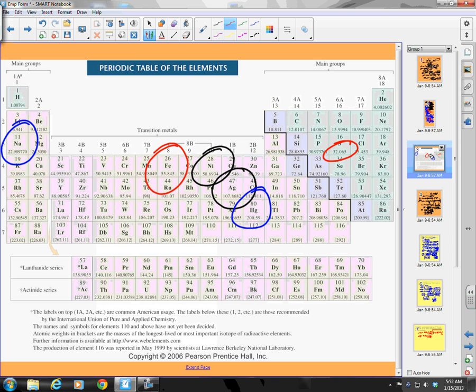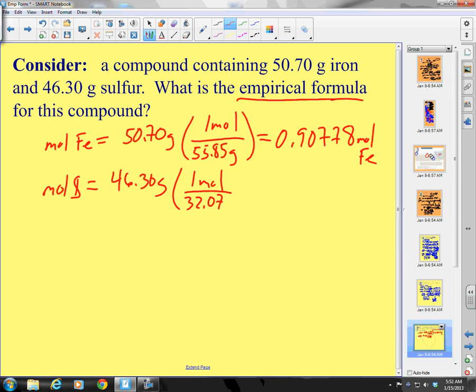I had to say 32.07. Good. 32.07 grams. And what do I get here? 46.30 divided by 32.07, and my magic number is 1.4437 moles of sulfur.